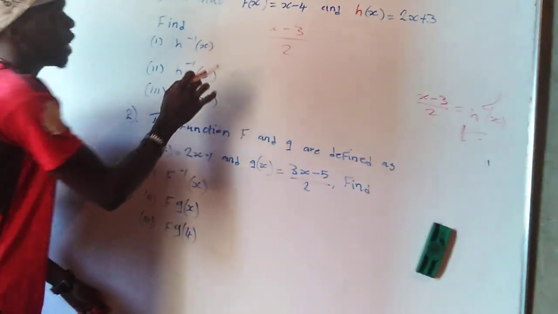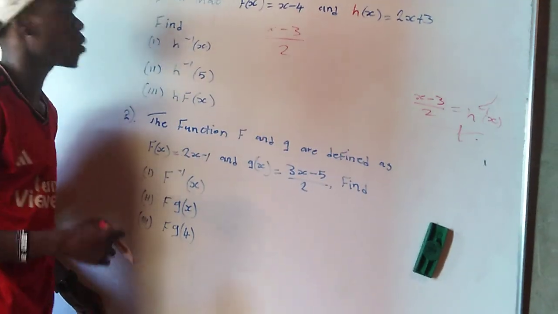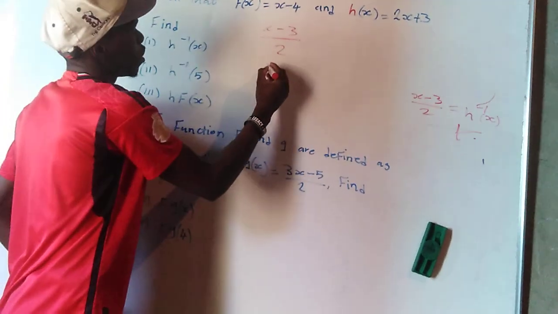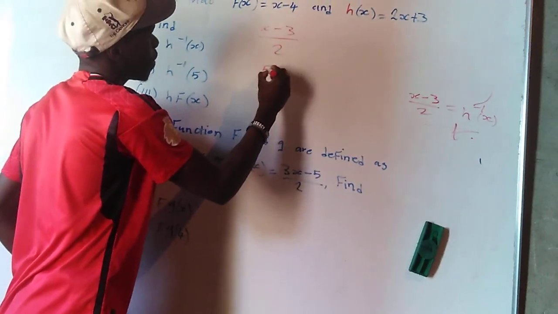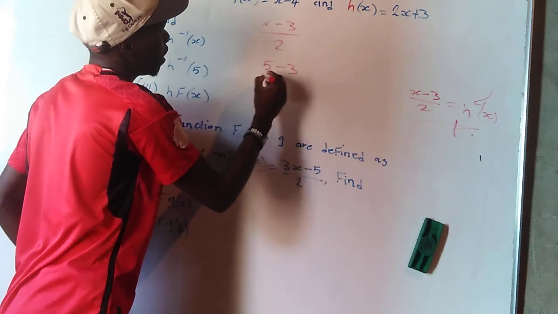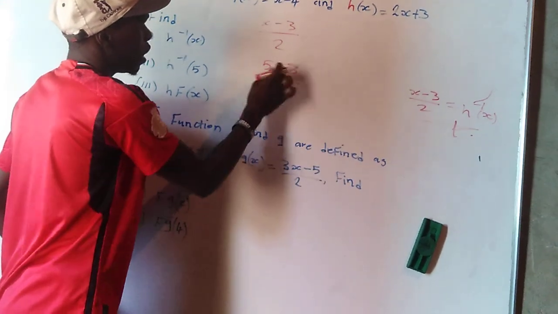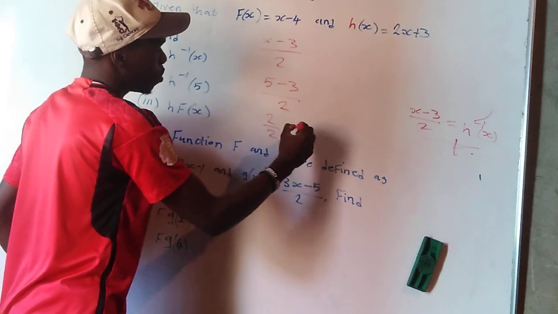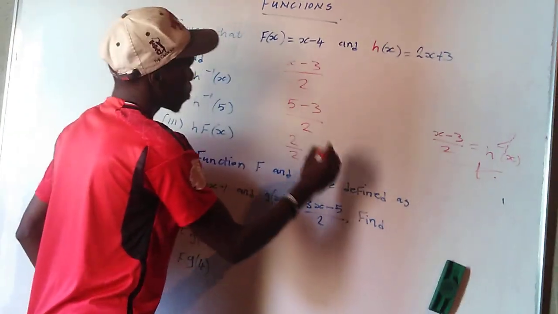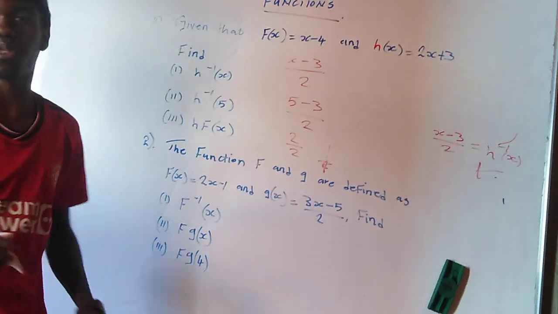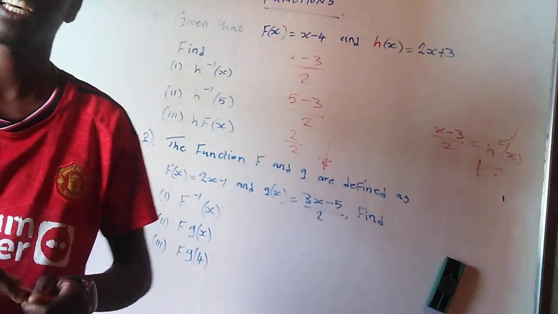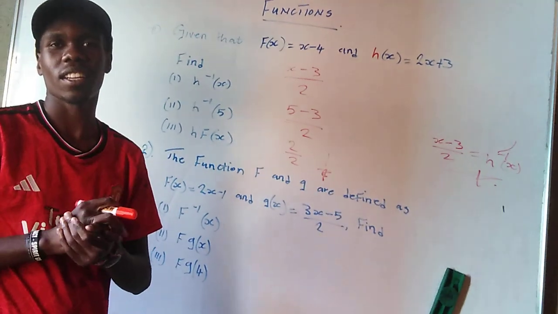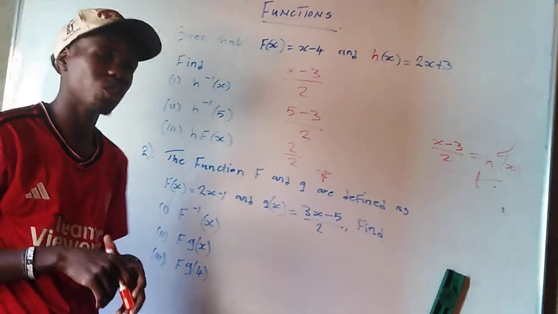But where there is x, I've been told that I should put a 5. So here I'm going to put a 5. So 5 minus 3 over 2. Here I'm going to have a 2, and here also over 2. So 2 divided by 2 is 1. So the second solution is 1. Just a 1. That is my second solution.